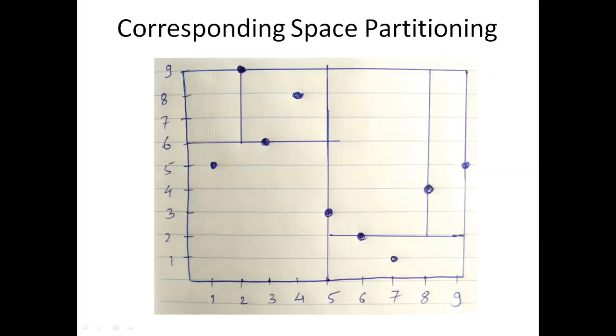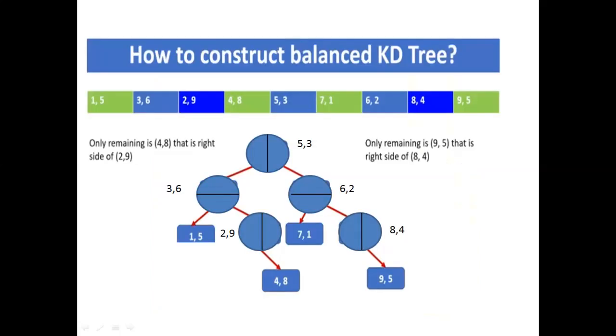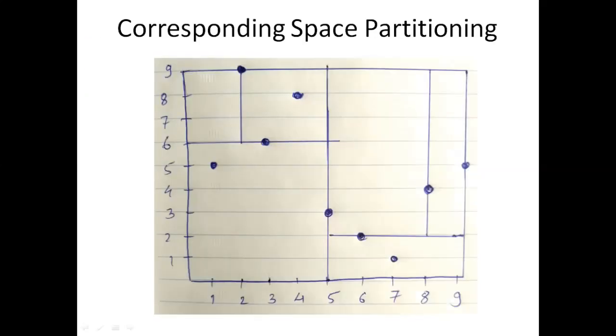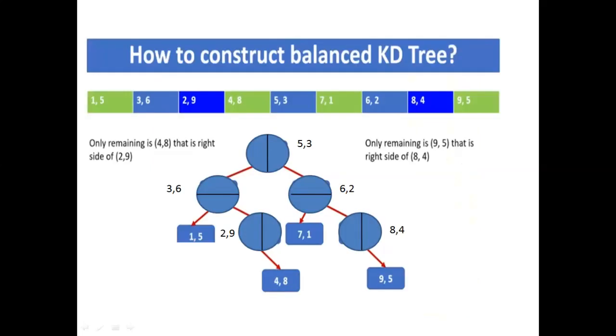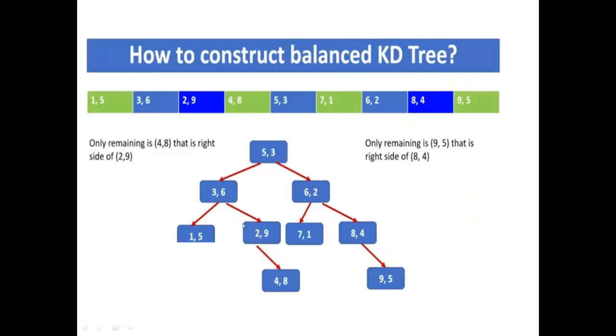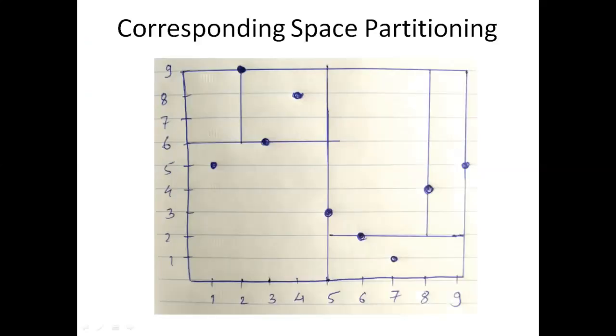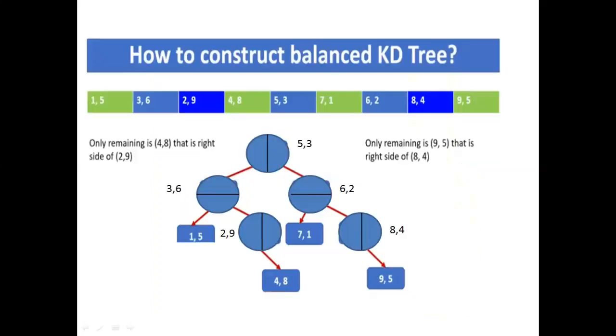Okay. Now this is the corresponding space partition. We already know how to construct this. The first will be 5, 3 vertical, as you can see. Then we have 3, 6 and 6, 2 horizontal. Then we have 2, 9 vertical.